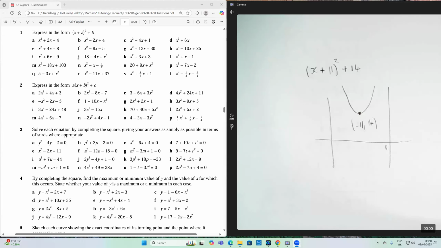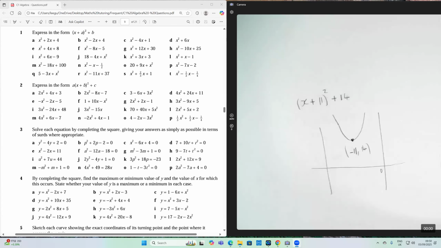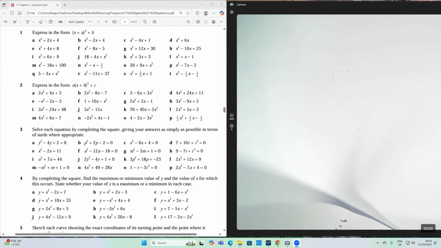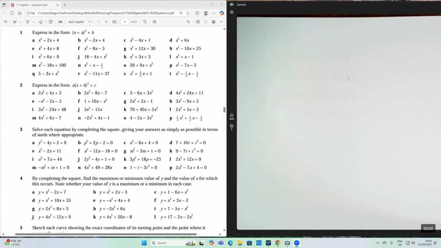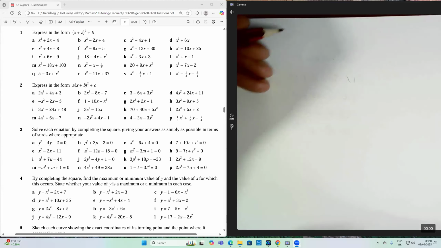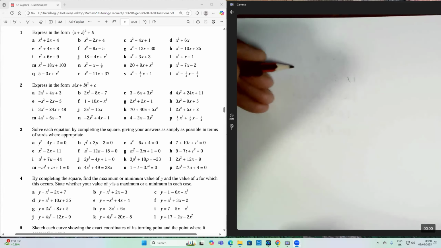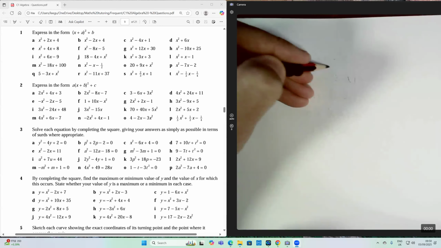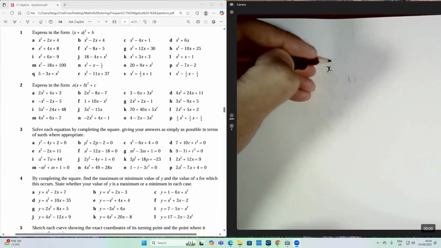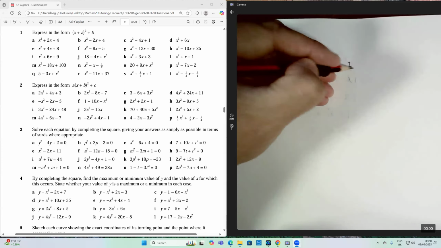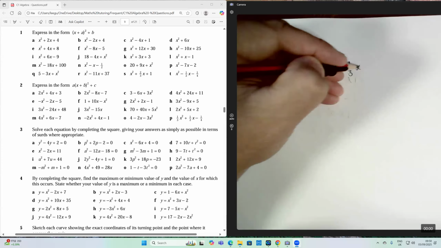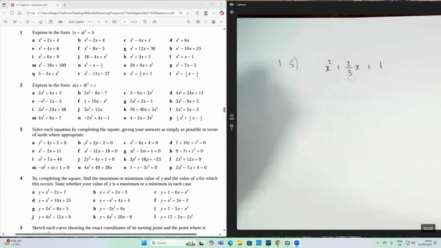Let's do one more of these because we're going to move up in the next video to a slightly more complicated version. We're just starting off with the nice introductory completing the square. Let's do one where we've got a fraction. Question 1s, we have got x² + 2/3x + 1.